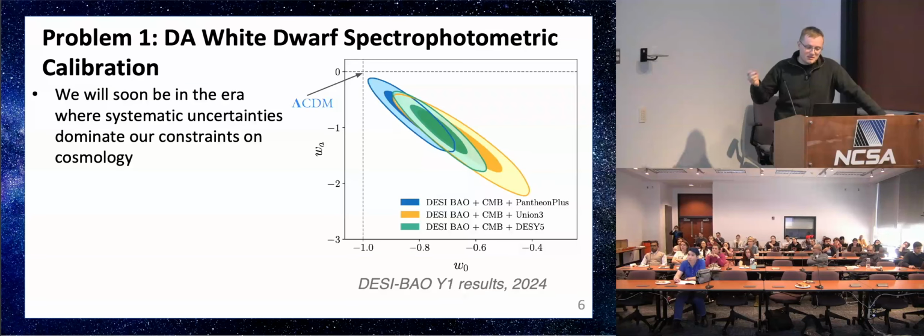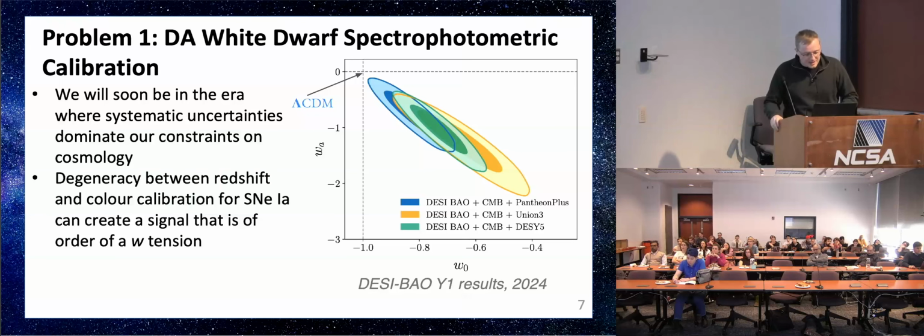The statistical uncertainties will shrink, and we'll need to be very careful with the systematics. An example of this is that in supernova cosmology, there's a strong degeneracy between your predicted redshift but also the calibration of your relative color of each supernova. And this type of signal is the same strength as something that could cause something like a w tension.